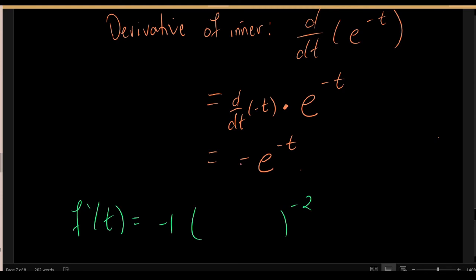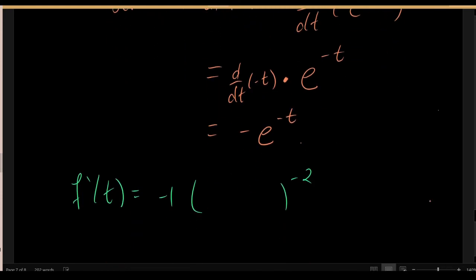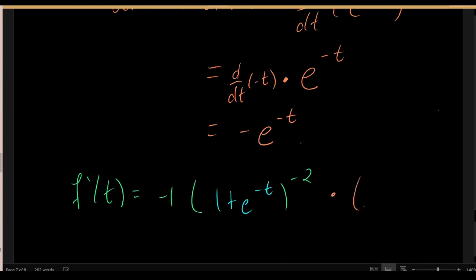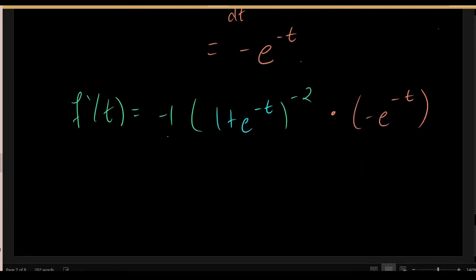In the blank, let's place the inner function, which is 1 plus e to the minus t. And then we can multiply that by the derivative of the inner function, negative e to the minus t.